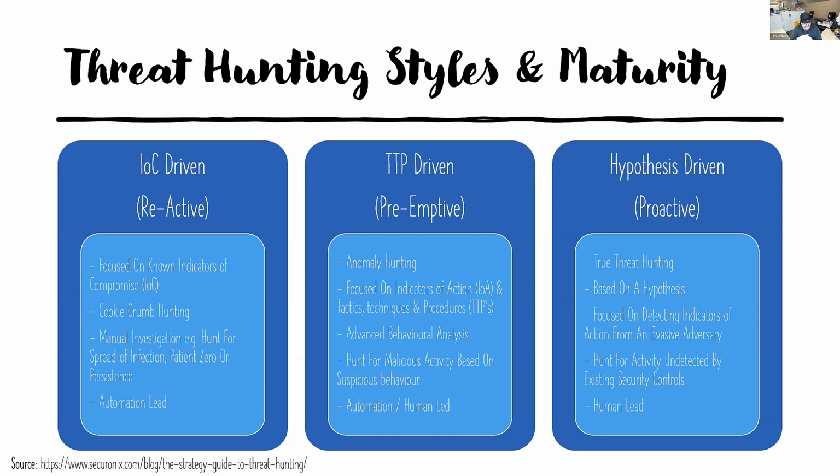creating those hypotheses and saying, if a threat actor or an adversary is going to attack us, this is how they would approach that. Let's map that to the controls that we have in place. Are there any gaps?